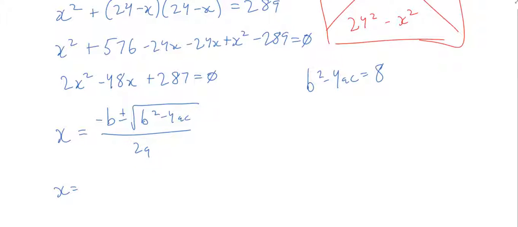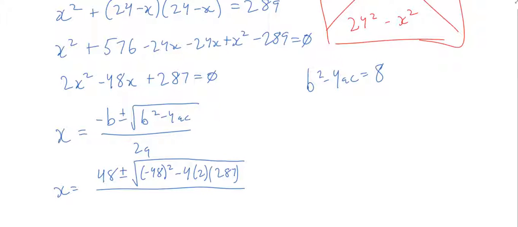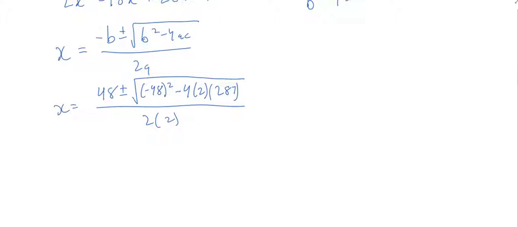negative b, which is positive 48, plus or minus the square root of negative 48 all squared. Make sure you have brackets around that. It's going to make a difference. Minus 4 times 2 times 287, all over 2 times 2.